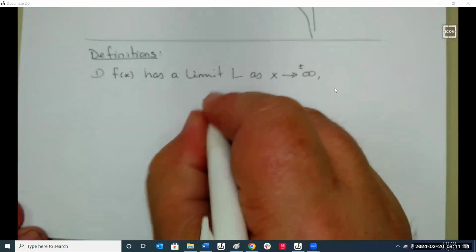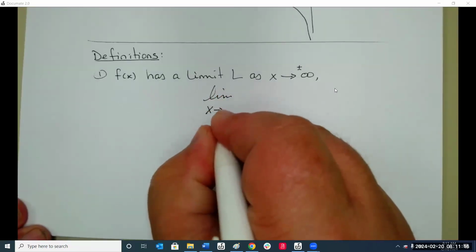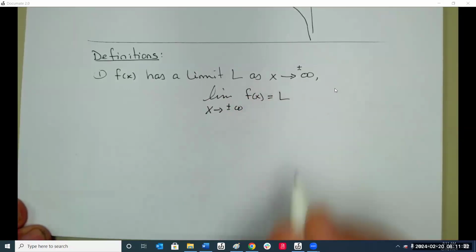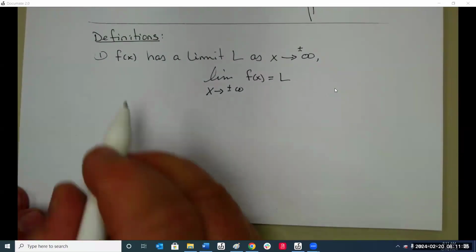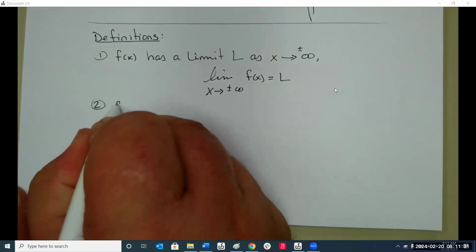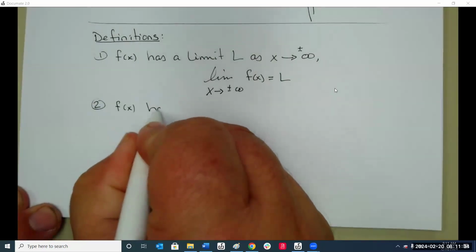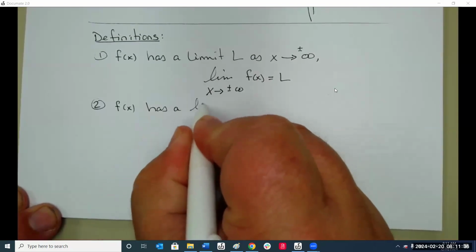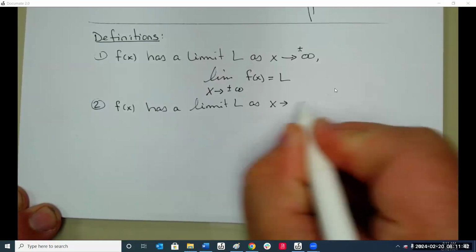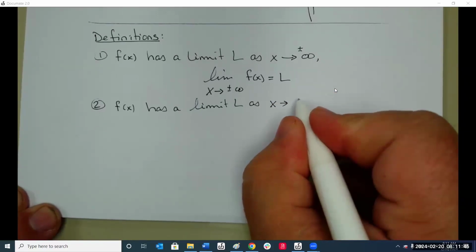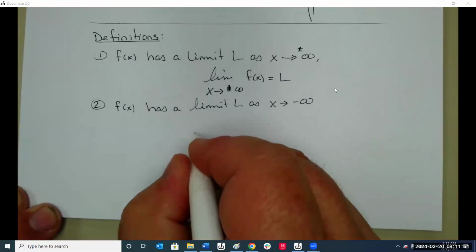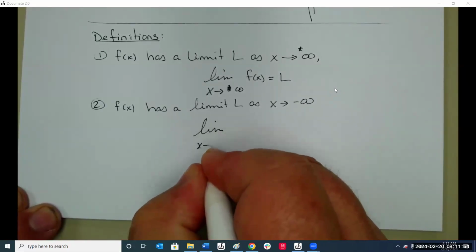We write it this way: as x approaches plus or minus infinity, f of x has a limit L as x approaches, well, let's look at positive infinity and then we'll go to negative infinity. So we could look at it both ways.